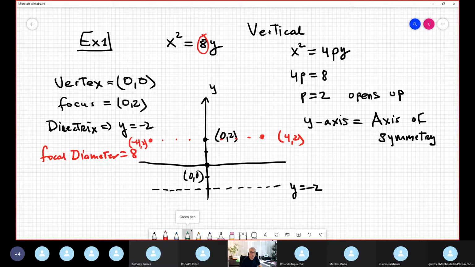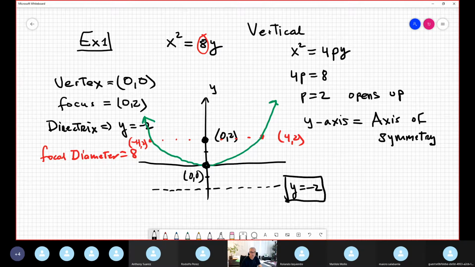Let me use green color. Okay. Remember the important points: vertex, focus, directrix, endpoints of the focal diameter, this guy and this guy.